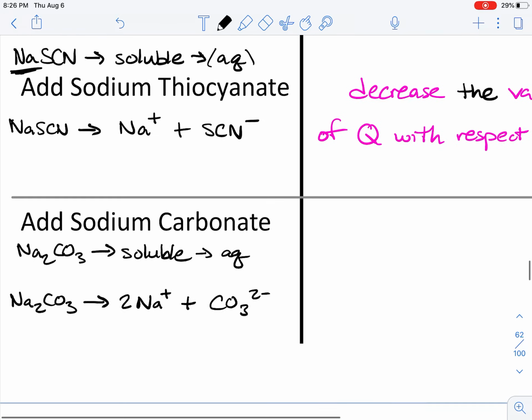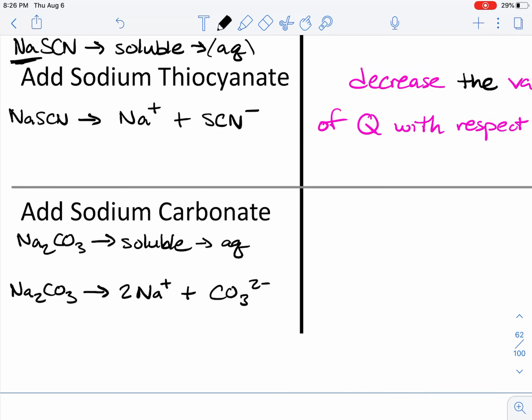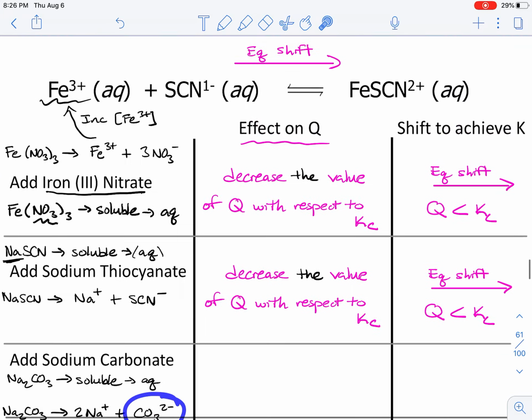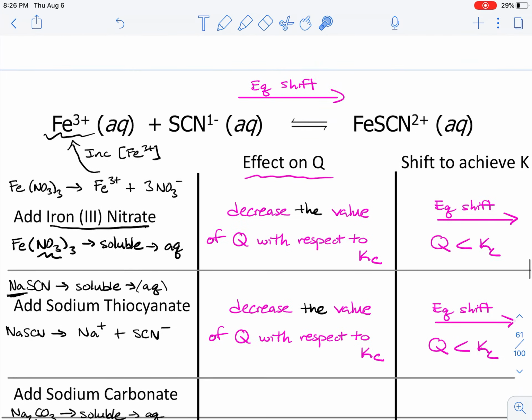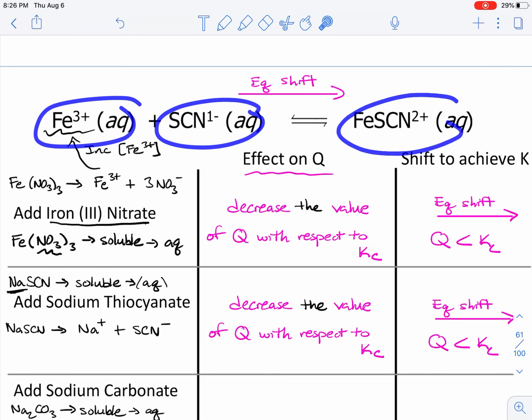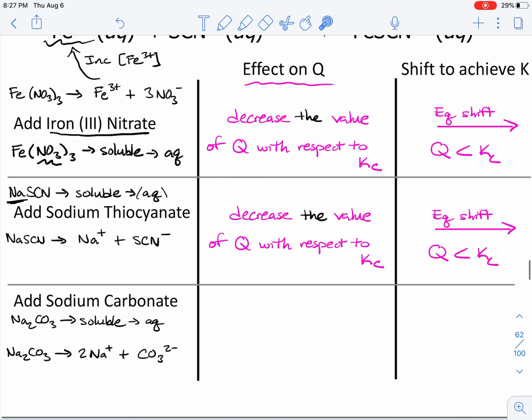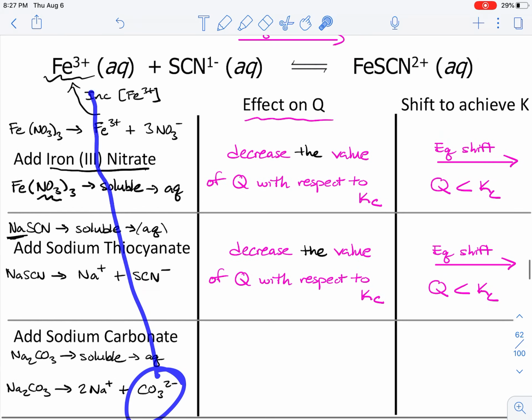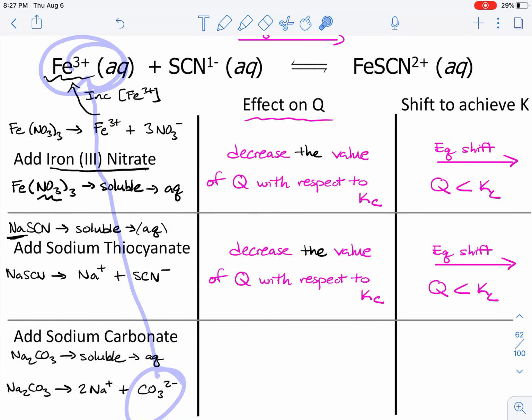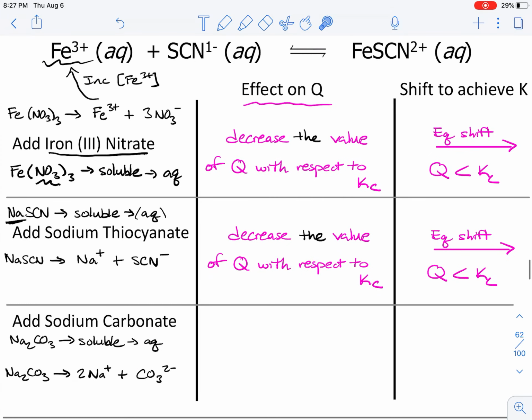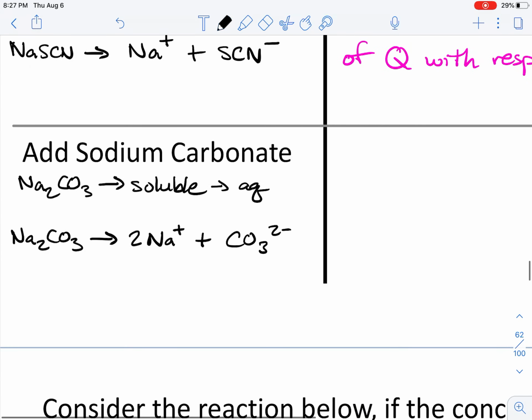Okay. And so it turns out that this carbonate is going to react with one of these species. And so this carbonate will react with iron, producing a precipitate. And so here, I'm just going to go ahead and write it in.